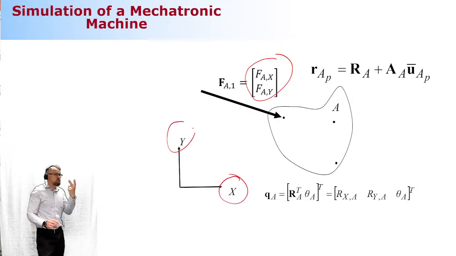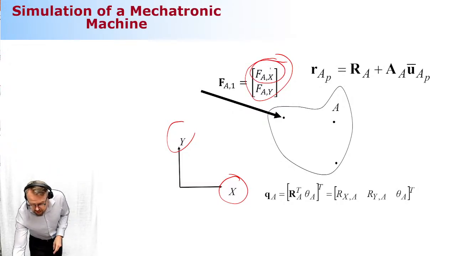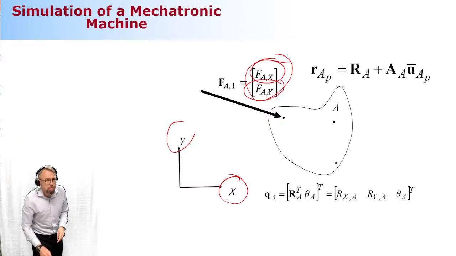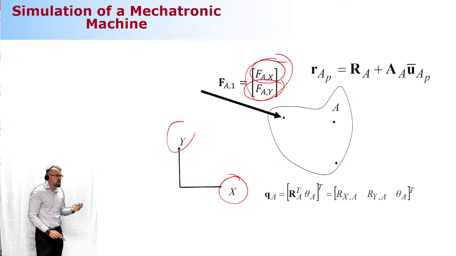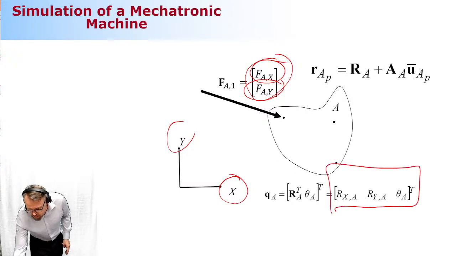That's why there are two components. The one that is related to global x direction, another one that is related to global y direction. This force is not good for us. It's not good for us because I would like to express the same force but using the unknowns that I would like to deal with. And the unknowns that I would like to deal with are, of course, my generalized coordinates.